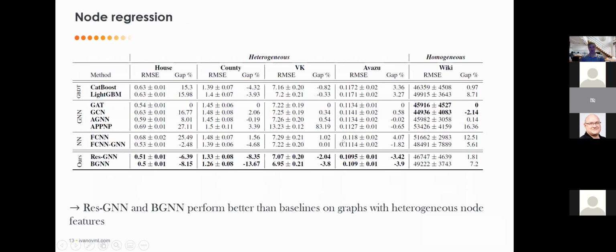So 4 of the datasets have heterogeneous features. And we have the methods on the left. So we have GBDT approaches, which are XGboost and LightGBM. We have 4 different GNN architectures. We have a fully connected neural network, and also a fully connected neural network that is trained together with GNN.